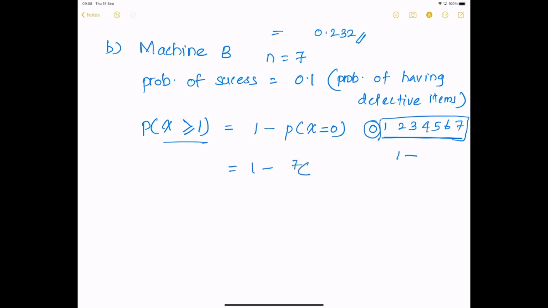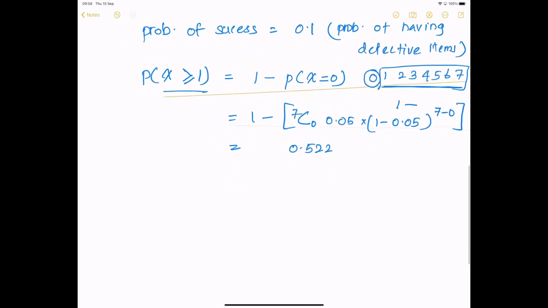It is 7 choose 0 times 0.05 to the power 0 into 1 minus 0.05 to the power 7 minus 0. You can simplify by using a calculator. This is one method.